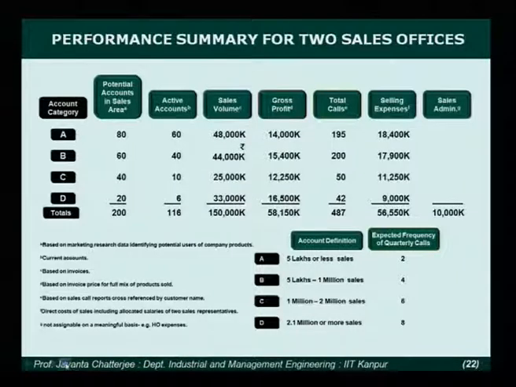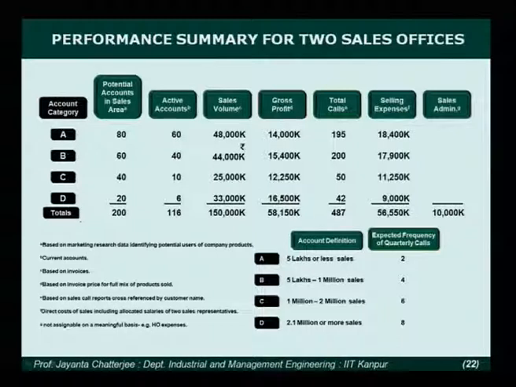So let us look at this example and the numbers in detail. So we have 4 types of account categories. It becomes easier to understand if we take the industrial marketing or B2B marketing context.